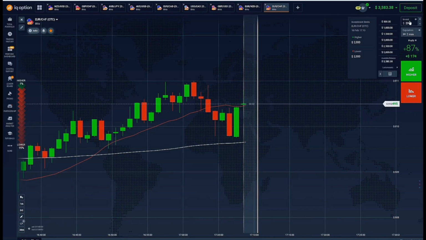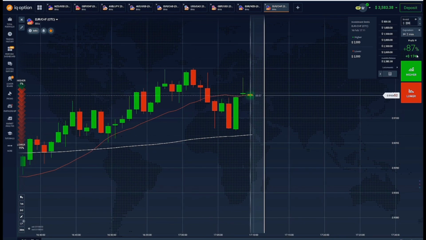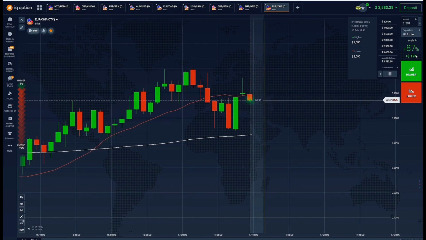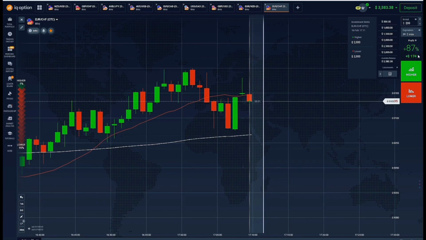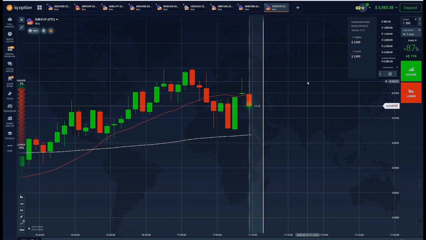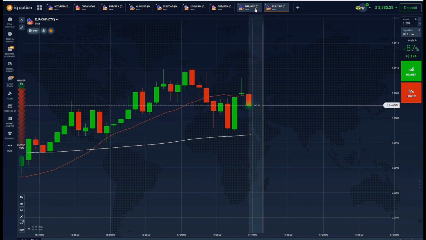That means when this trade comes, we'll be making $174, meaning we've actually recovered our loss of 100 and we've made a profit of $74 on it. So let's still look for another different opportunity.